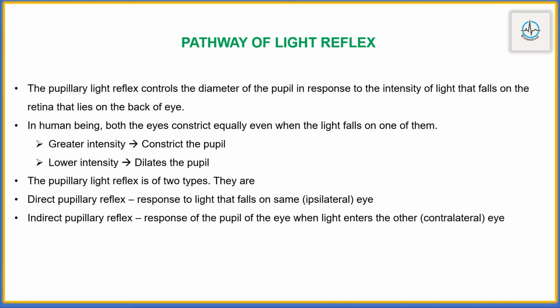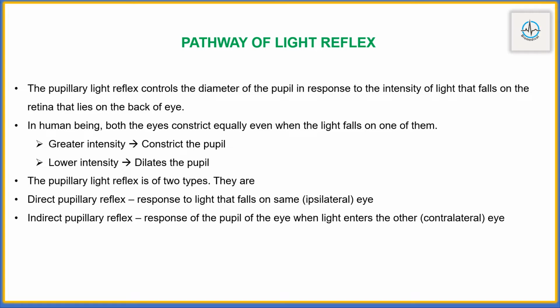Let us see in detail about the pathway of light reflex. The pupillary light reflex controls the diameter of the pupil in response to the intensity of light that falls on the retina. In human beings, both the eyes constrict equally even when the light falls on any one of them.